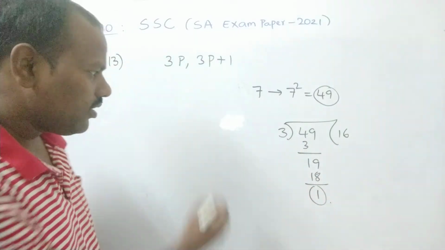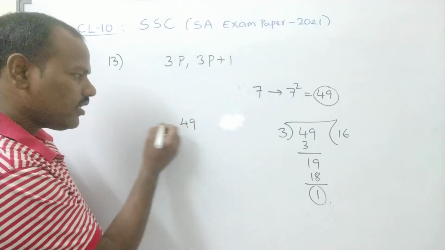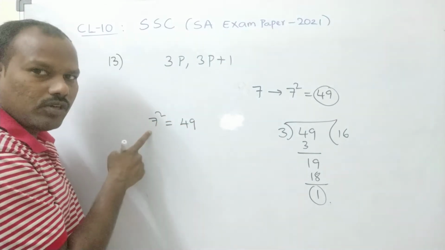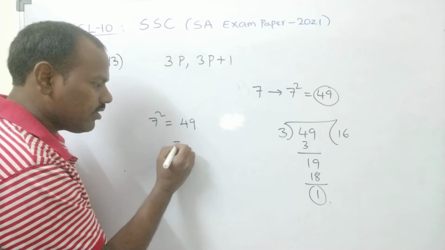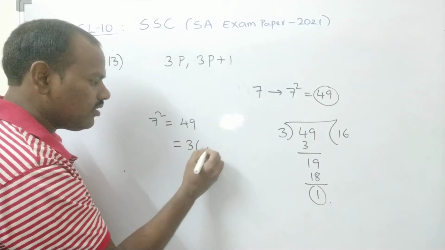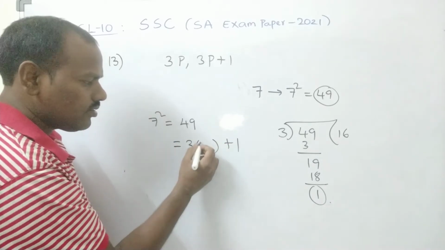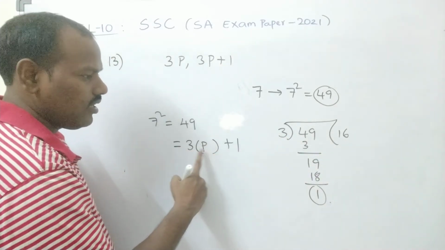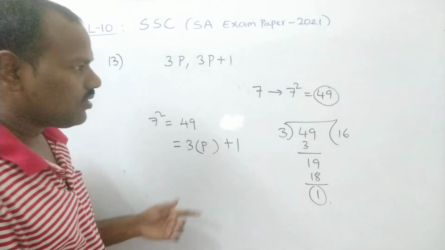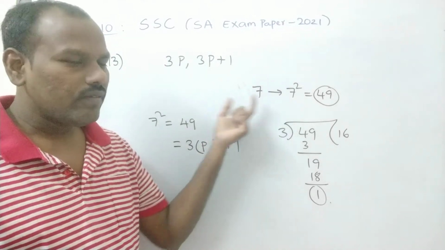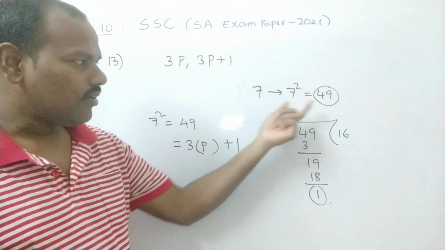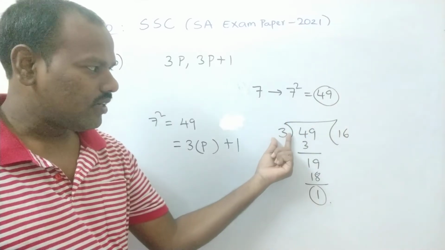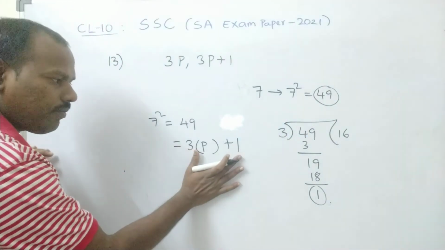Therefore 49, which is the square of a positive integer, you can write as 3 into something plus 1, which is 3p, where p stands for your quotient. 3 into 16 is 48, plus 1, 49. So I applied the square of one number randomly and got the answer 49. If I divide by 3, I got the 3p plus 1 format.